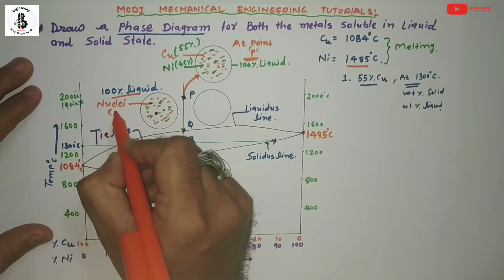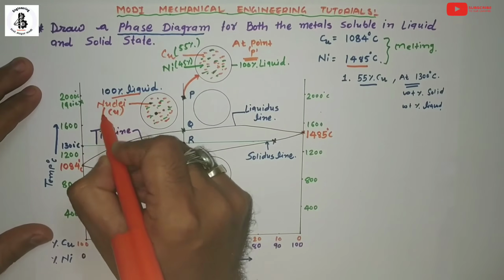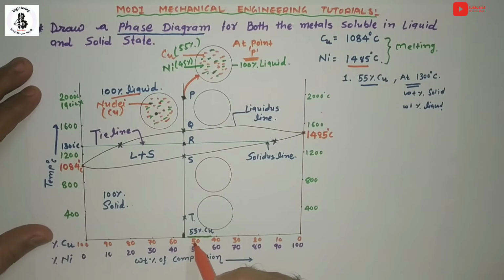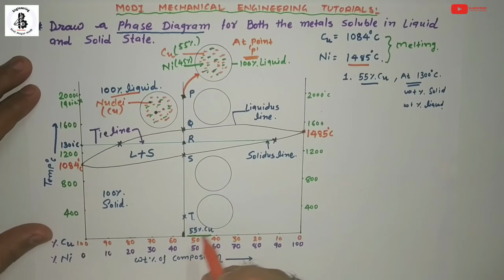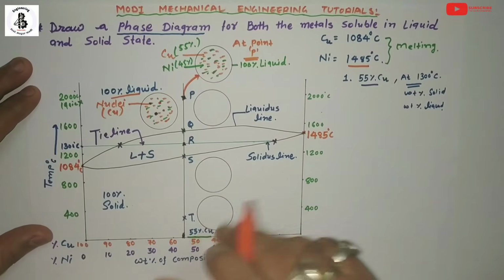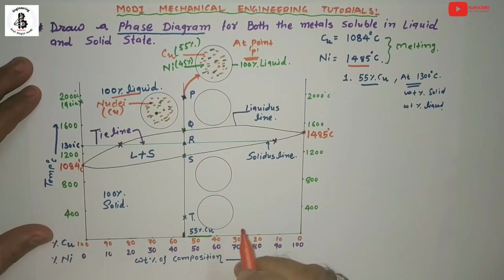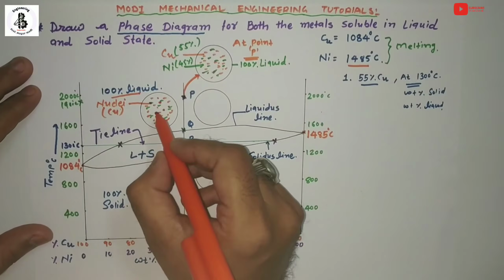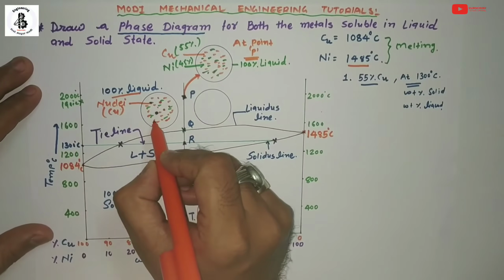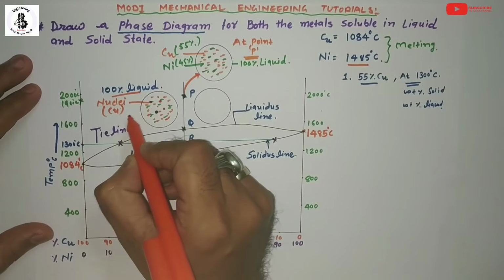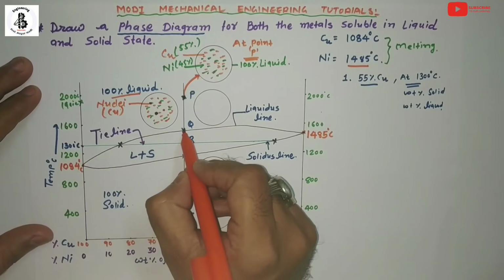So here nuclei will be formed with copper, because it is 55% copper. If you take a point like 55% nickel, then the nuclei would be formed from nickel. Likewise, this will be the starting point of solidification, and it will be a mixture of copper and nickel.